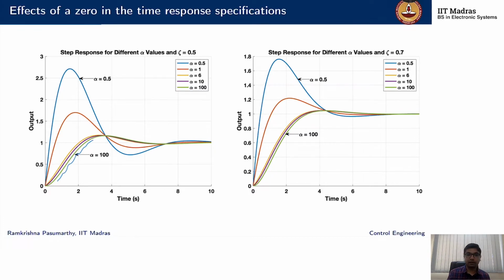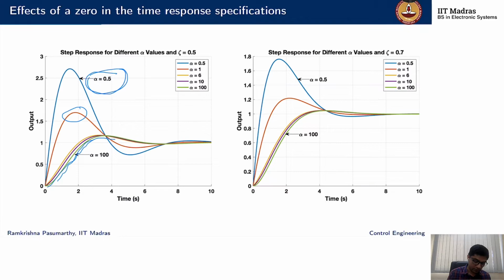For alpha equal to 0.5, I see a very large overshoot compared to my natural response. For alpha equal to 1, a different kind of overshoot.